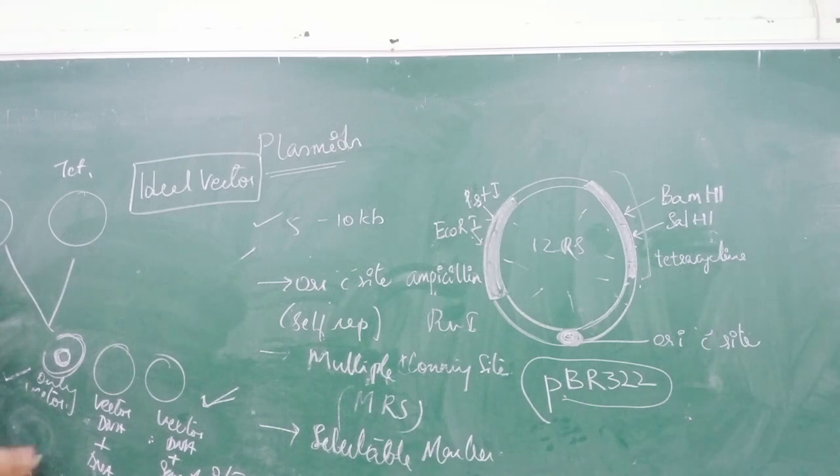So no DNA insert is added here. This is your ampicillin, this is your tetracycline, isn't it? No insert is added here. So this is free. No other DNA molecule is inserted in this particular place. That is your ampicillin and your tetracycline. Because of absence of any DNA insert in this place, this is an open end. So growth will be observed in your ampicillin and your tetracycline resistance.